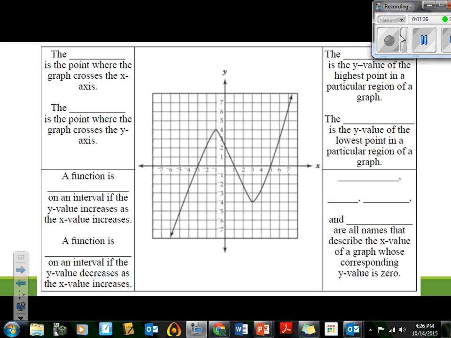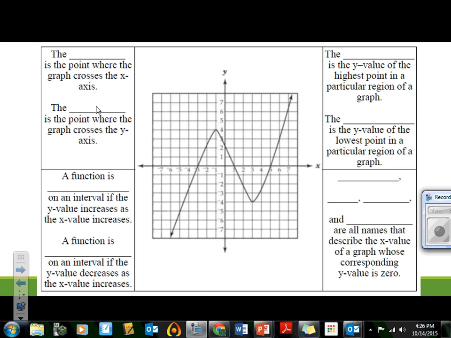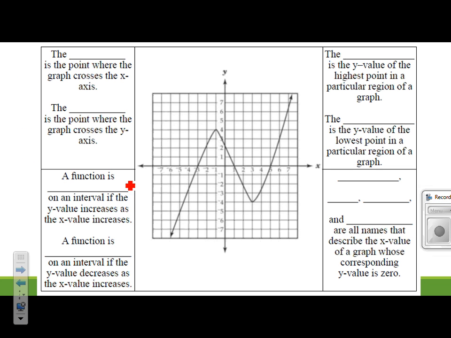All right, so let's just go through these. The first door that we are going to talk about is the X and Y intercept door. So that's up here in this area, okay? So we're going to talk about what is the point where the graph crosses the x-axis.